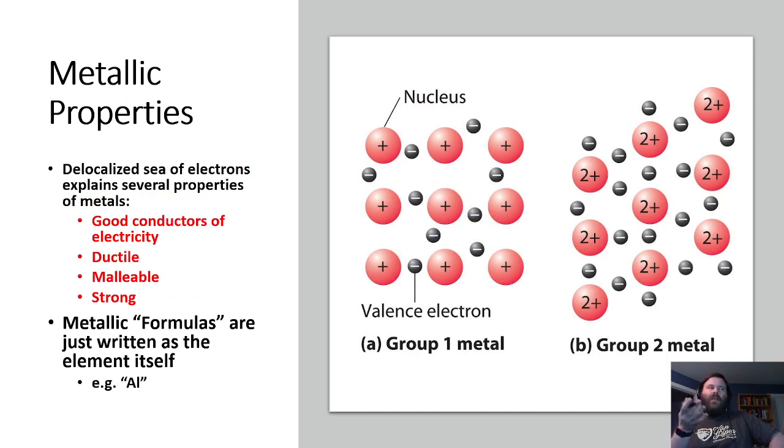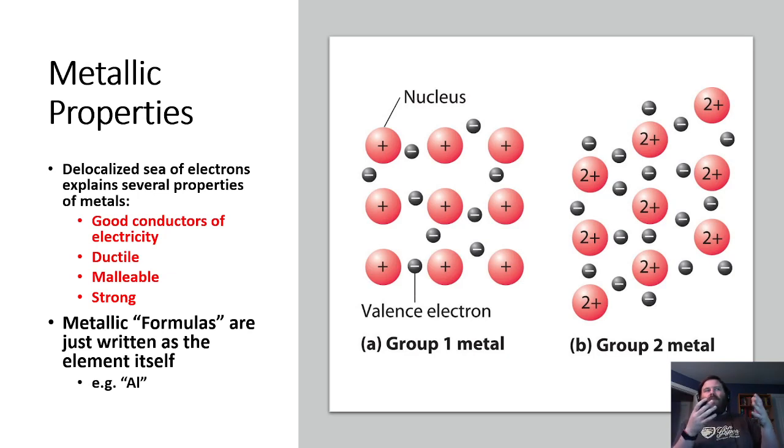These properties cause metals to act in unique ways. First of all, metals are very good conductors of electricity, and that might make sense to you because electricity, if you know this, is basically explained by the flow of electrons through a substance.